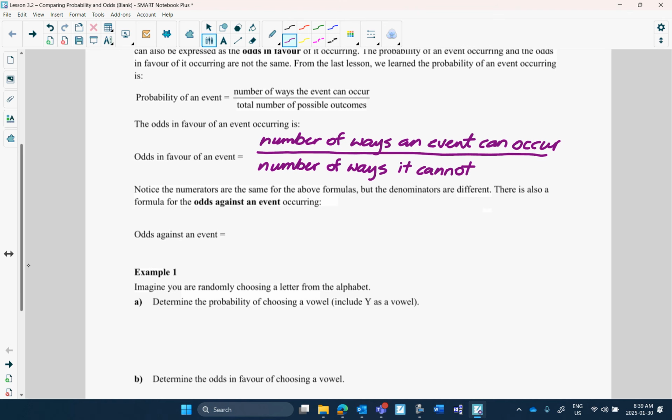So this would be the number of ways an event cannot occur, over the number of ways it can.